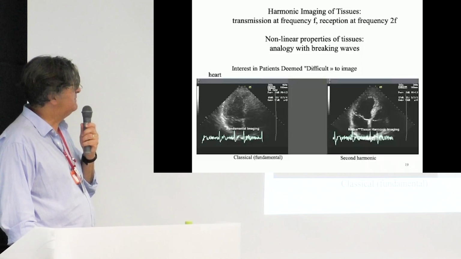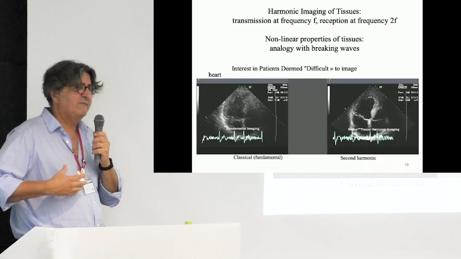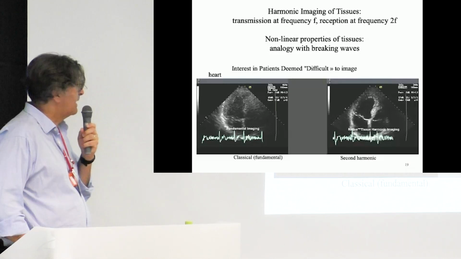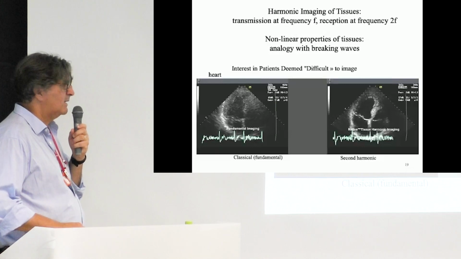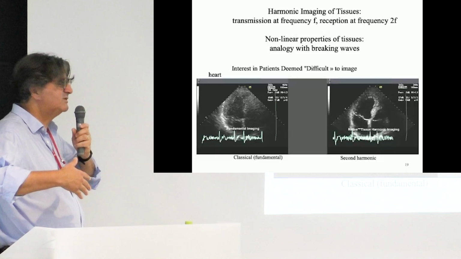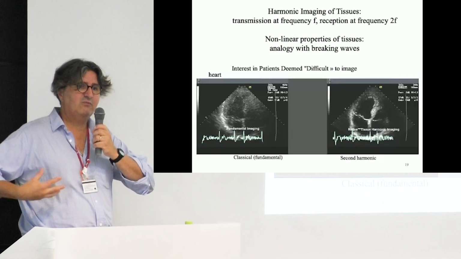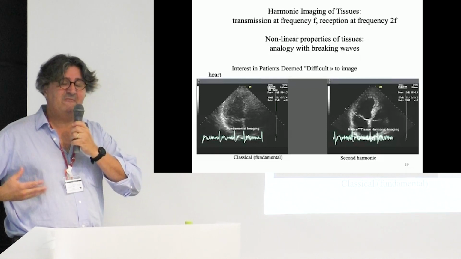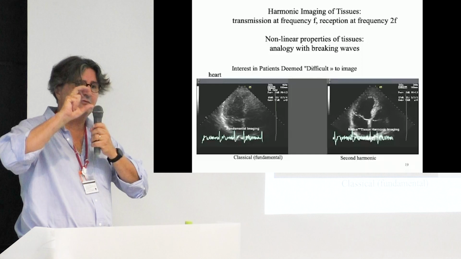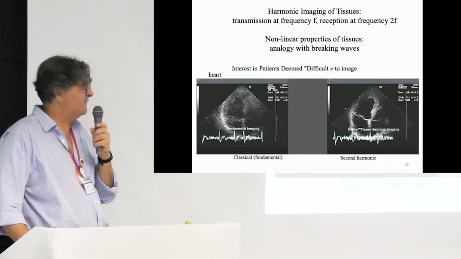And so, what is interesting is that if you consider a patient who is what we call difficult to image, especially in terms of linear response, for instance a big patient with lots of fat on the body, this fat makes it so that you cannot image clearly the internal structure because you have to cross this very thick layer of fat.